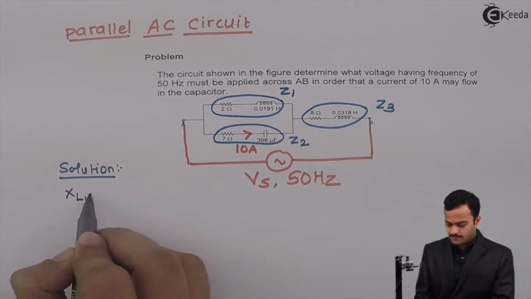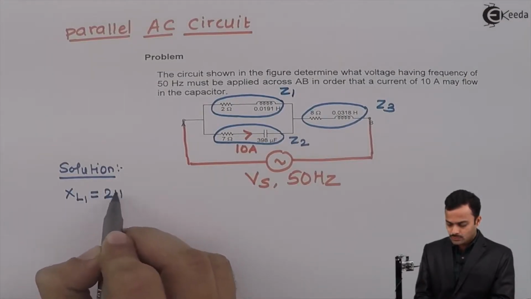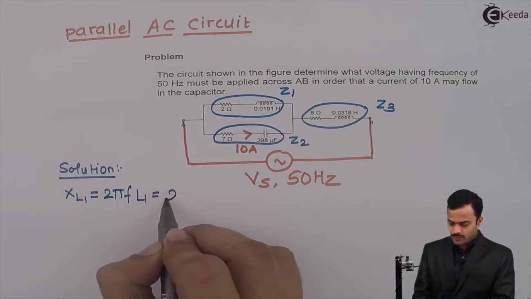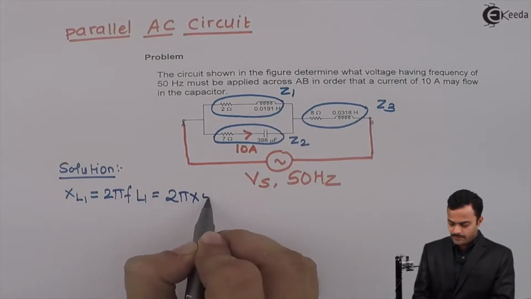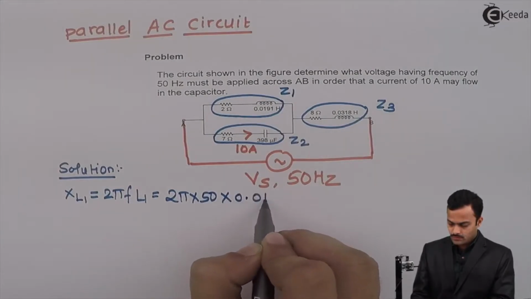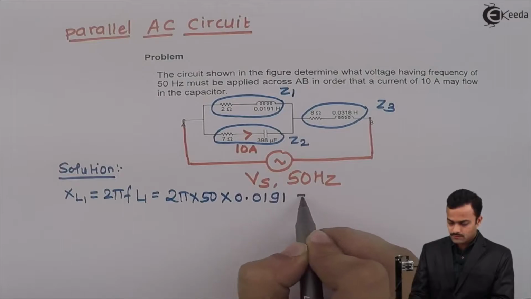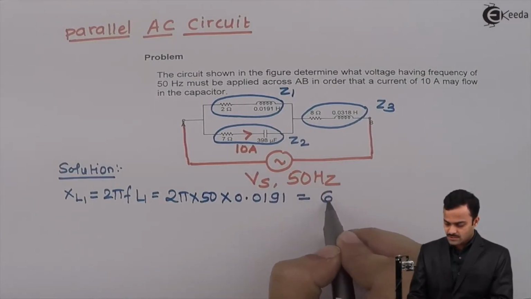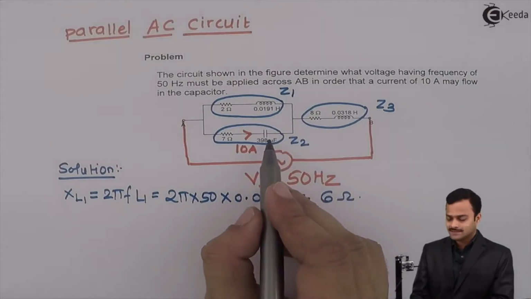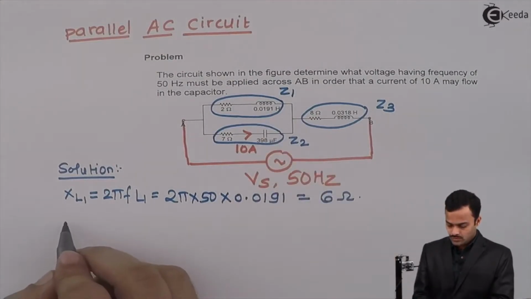XL1 equals 2 pi f L1. So it is 2 pi multiplied by 50 and L1 is 0.0191, which is equal to 6 ohm. Similarly, I'll calculate XC2.